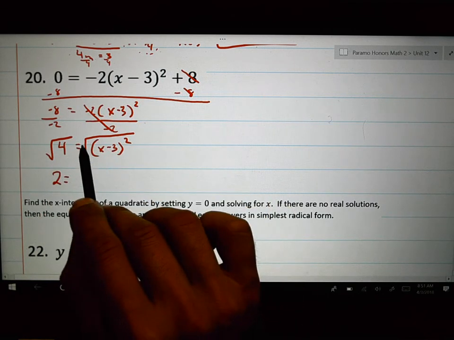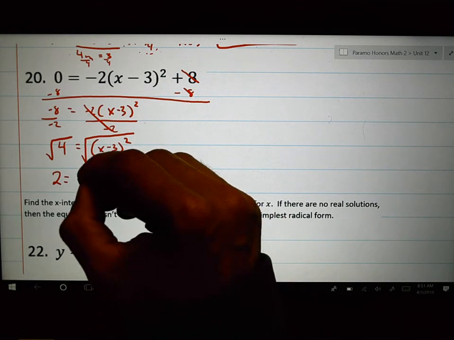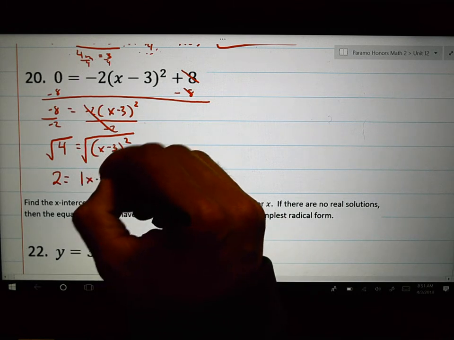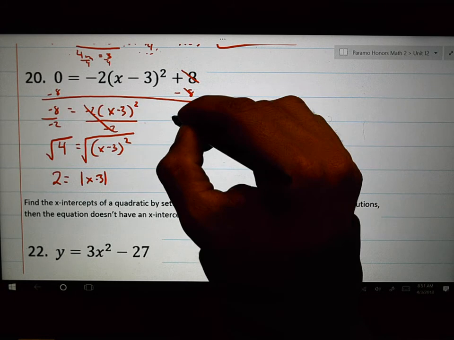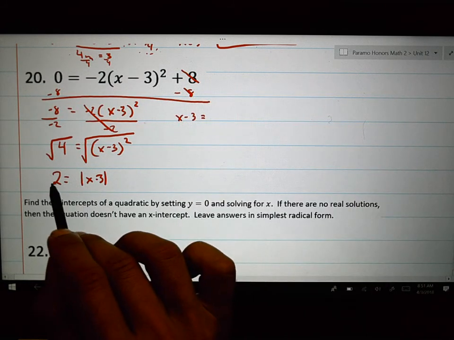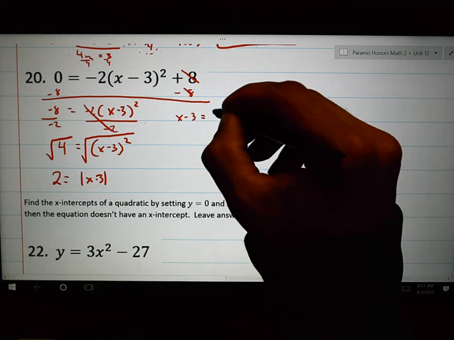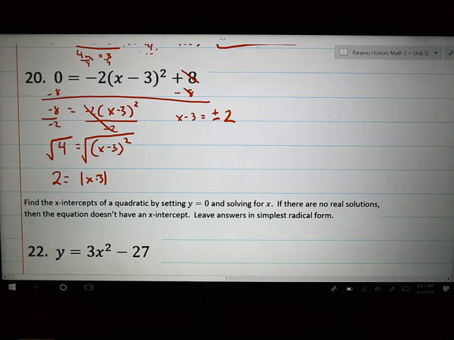The square root of x minus 3 squared is the same thing as the absolute value. Why do I say that? The only reason I say that is so that you remember this. X minus 3 is not just going to equal a positive 2. X minus 3 is going to equal plus or minus 2. And a lot of times I just put plus or minus right next to it. Just like that. I think it's easier to write it that way.